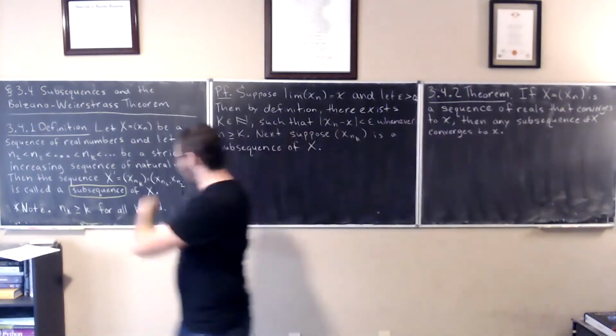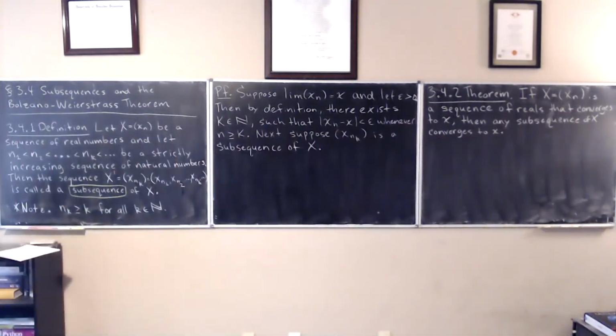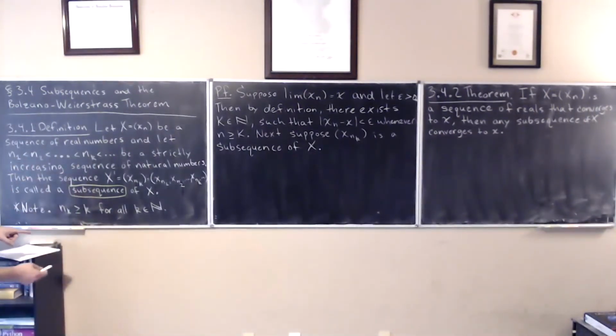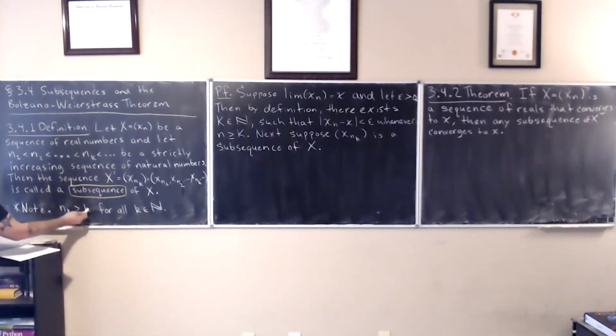Now, one thing that I forgot to note over here in the definition is that because this is a strictly increasing sequence of integers that make up the indices of our subsequence, these indices are going to be greater than or equal to the subscript, right?